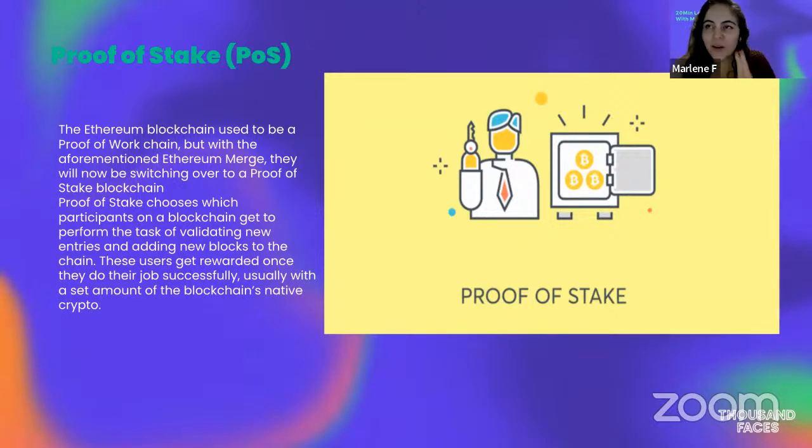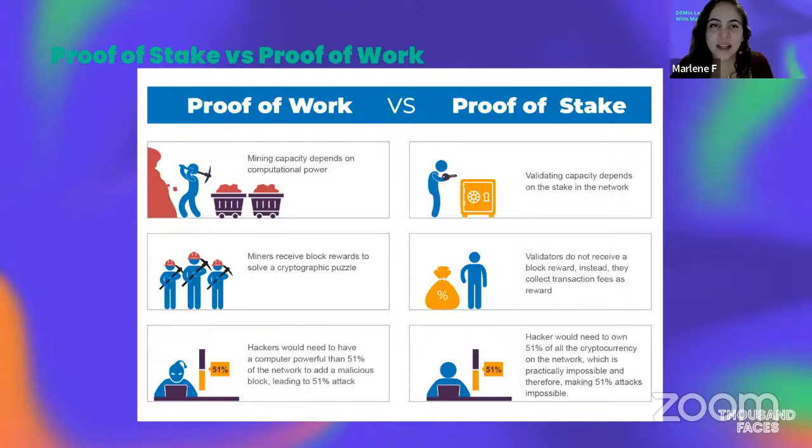So let's look now at a diagram to explain the similarities and differences between proof of work and proof of stake. So proof of work, as I mentioned, you have the miners, and the capacity to mine depends on the computational power.